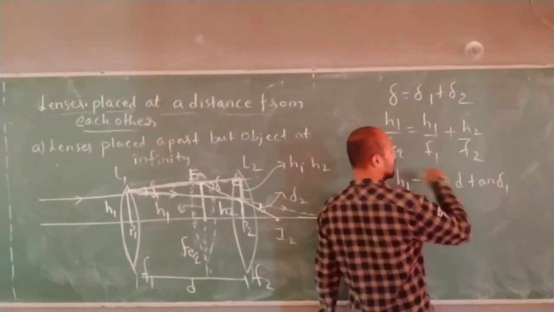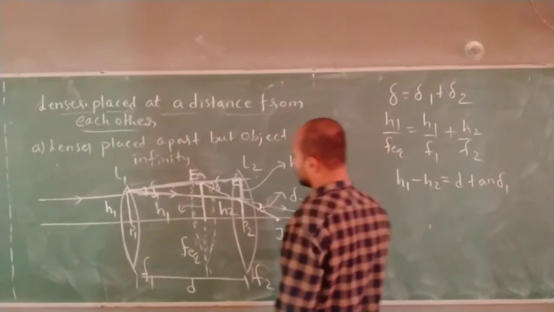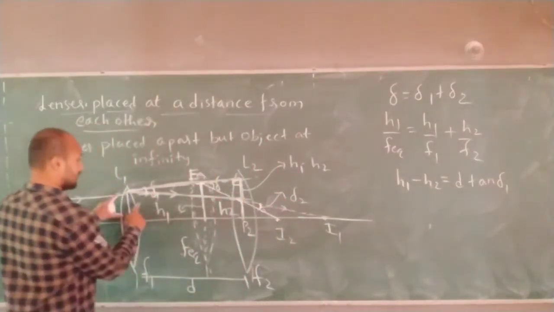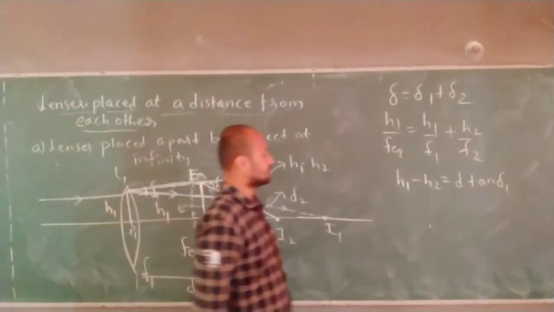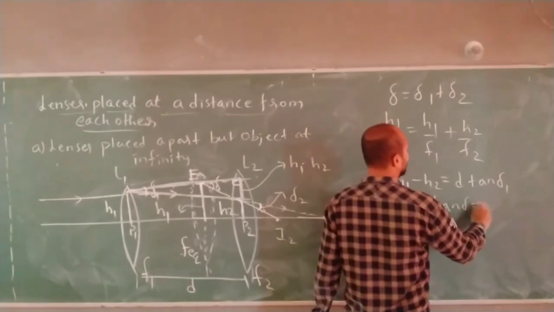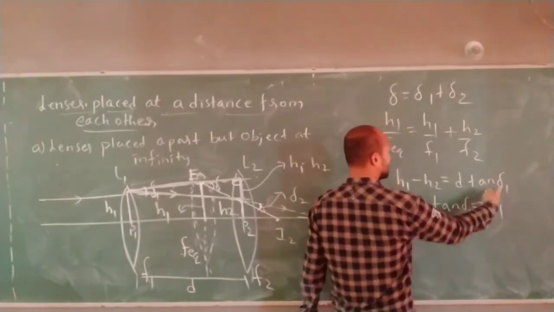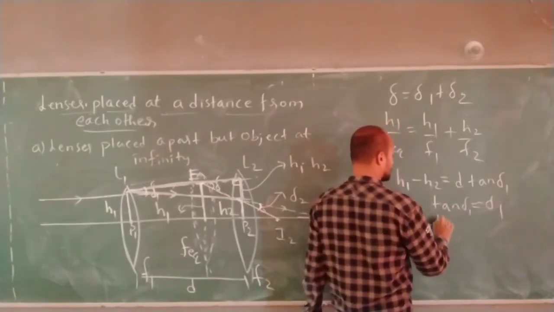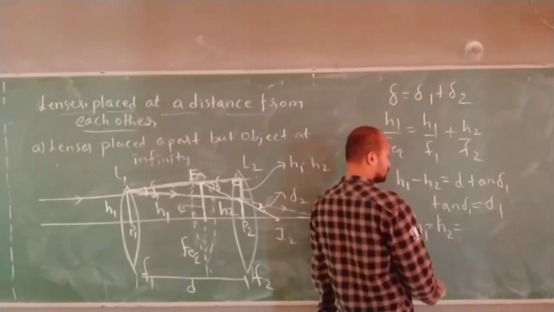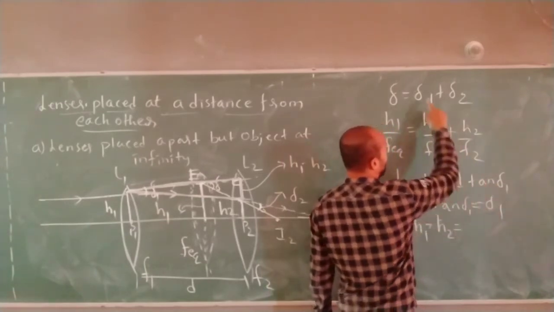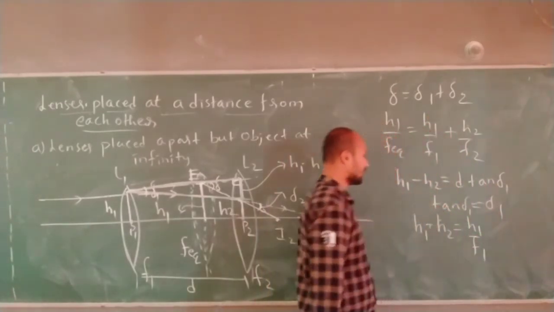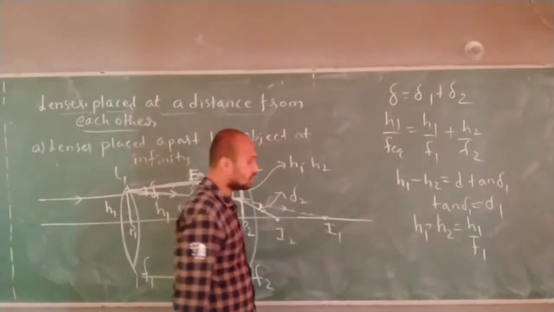Since tan delta1 is nearly equal to delta1, which can be written as h1 by F1, I can write h1 minus h2 will be equal to how much? Delta1 means what? h1 by F1. I am talking about paraxial regions. Correct now?